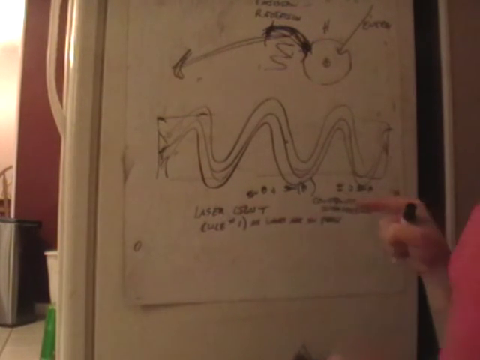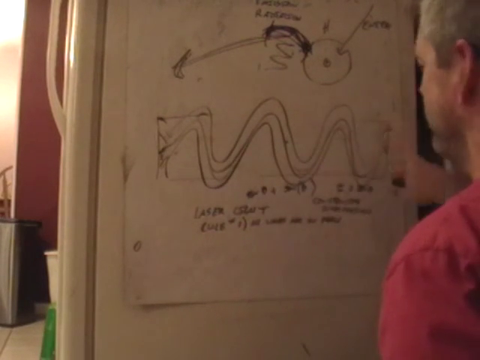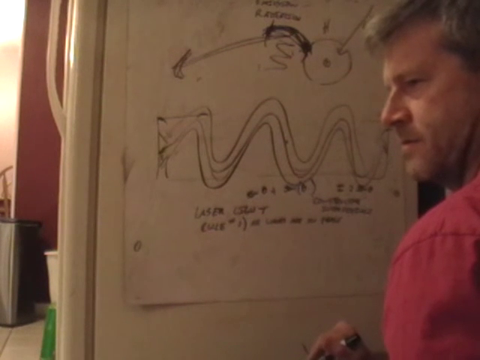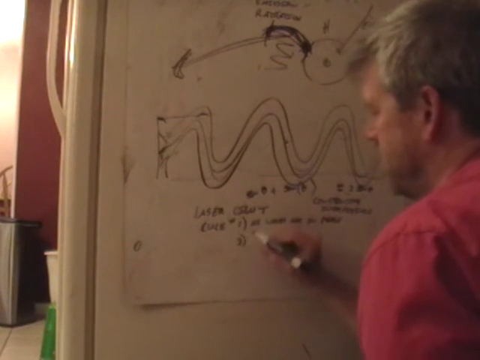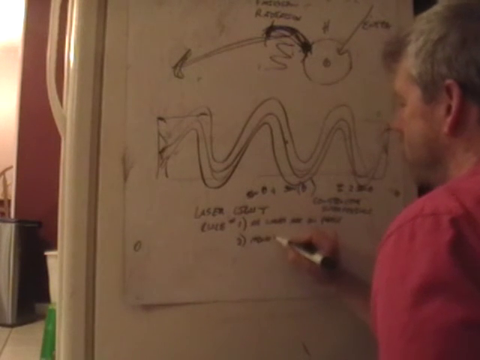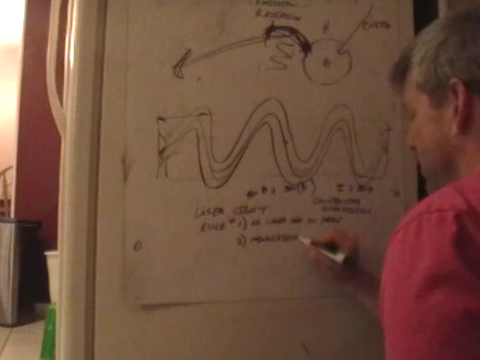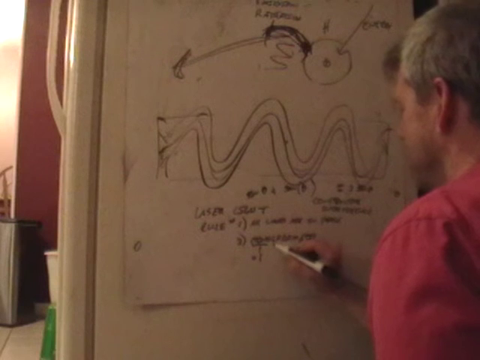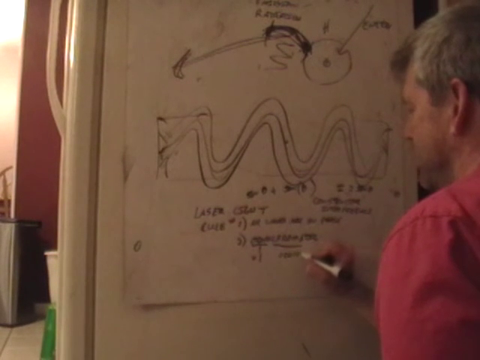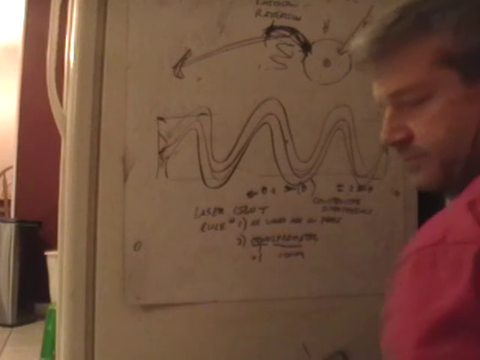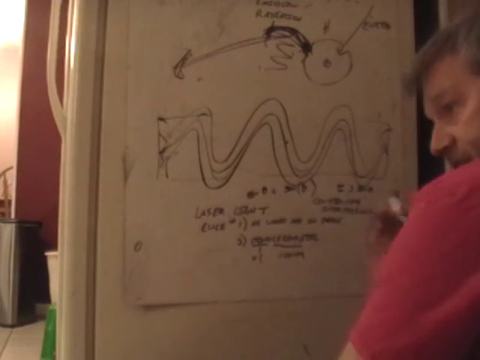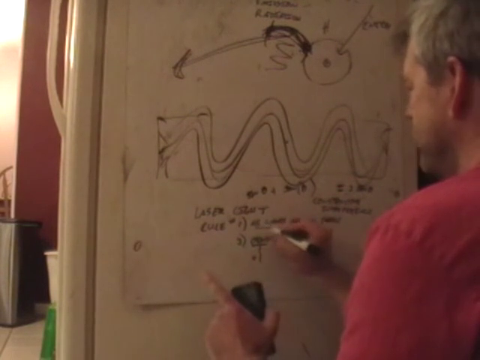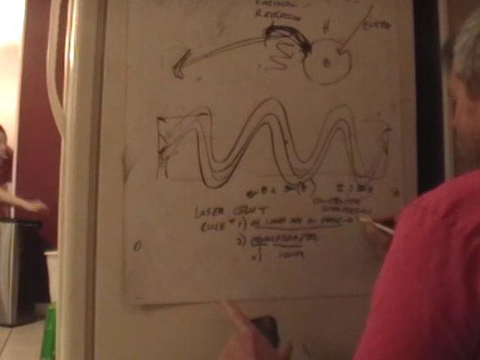Rule number 2: if they're all exactly the same phase, that means they're all exactly the same wavelength, which means they're monochromatic. They're all the same color. Color is based on wavelength. Mono equals 1, chromatic is color. Laser light, all waves being in phase, that's called coherent.